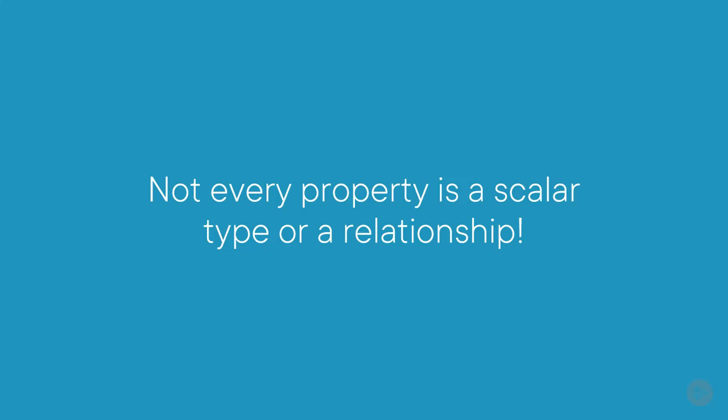First, I should make sure you understand what I mean by a complex type. So far, every property we've used in our classes was either a scalar type, like a string or a date or an integer, or a pointer to a related entity. But sometimes you want to create and store your own types that are more than a scalar type, but you don't need them to be their own full entity with a key and the overhead of relationships.